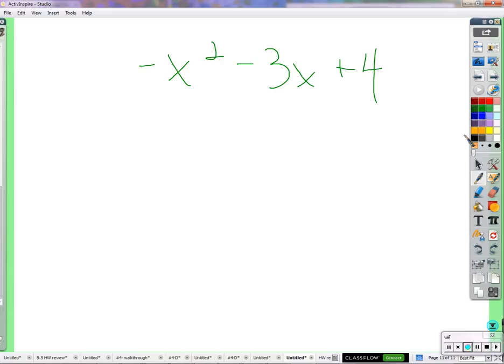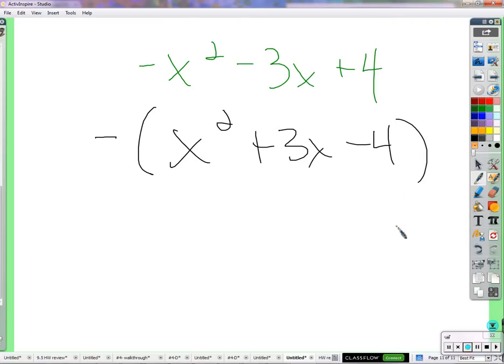A negative. If there's a negative in front, you should factor out that negative. It's just good advice. X squared plus 3x minus 4. Okay? And now it's negative. Now I just factor this like normal. x plus 4 and x minus 1.